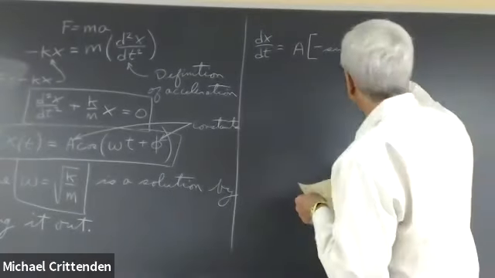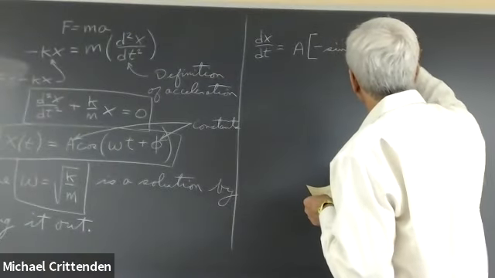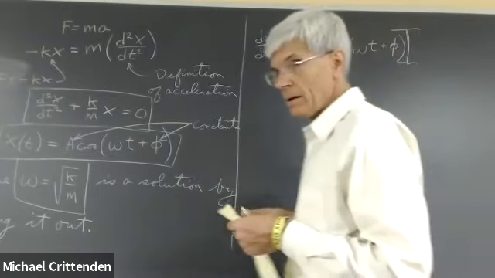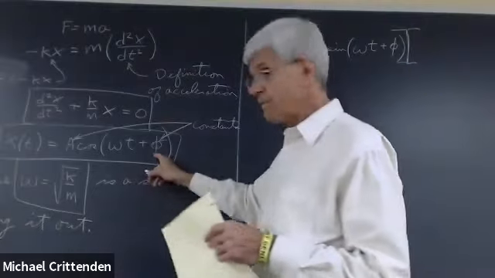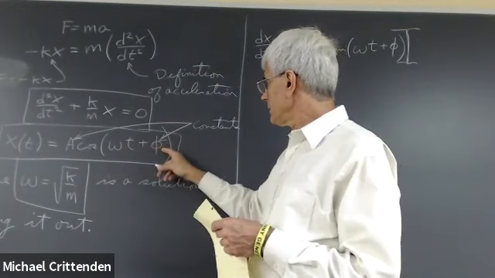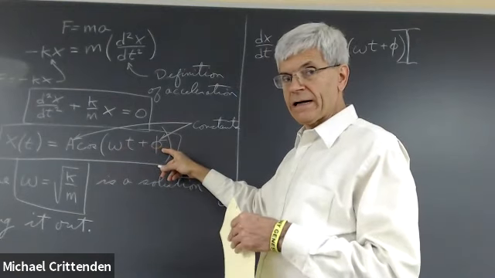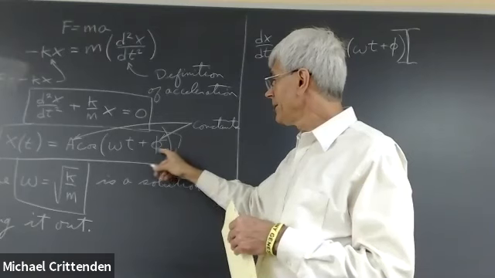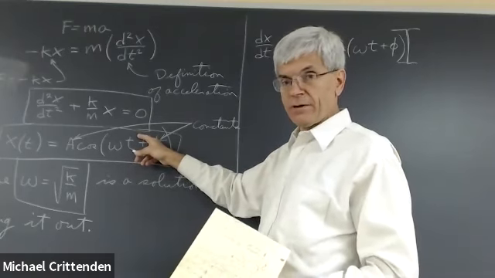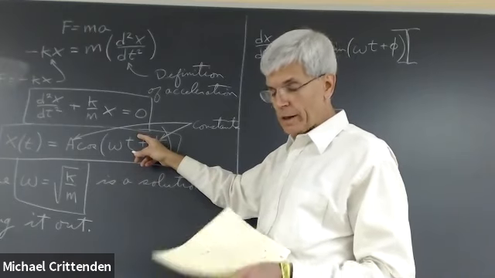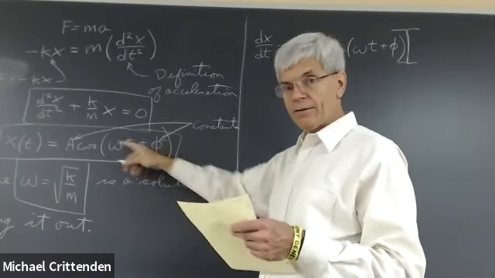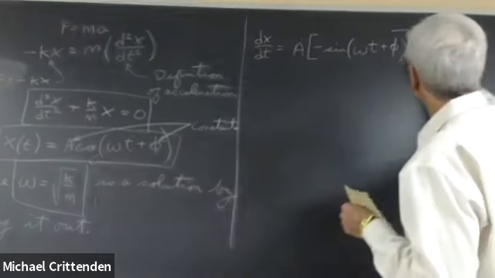That would be negative sine of omega t plus phi, times the derivative of what's inside the parentheses. Well, phi is a constant. Derivative of a constant is 0, so that's going to go away. Over here, t to the first power, its derivative is t to the 0 power, which equals 1. So omega times 1 plus 0 is the derivative of what's inside the parentheses.